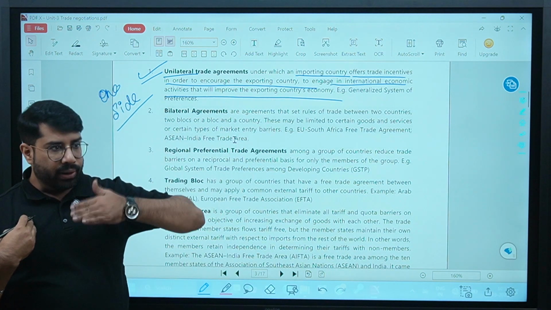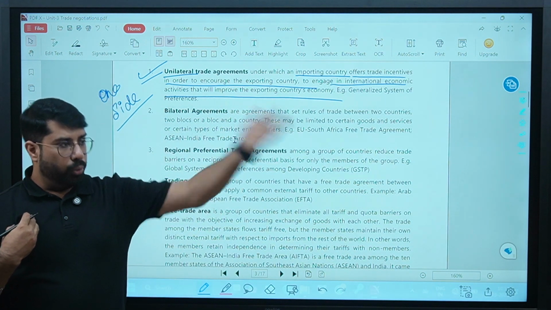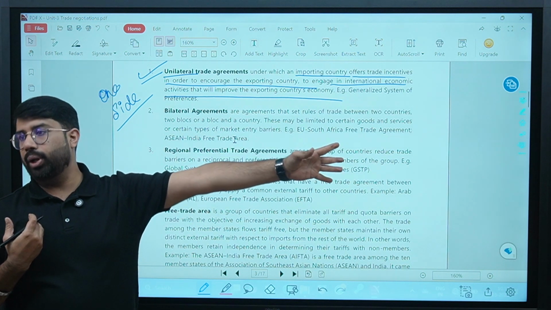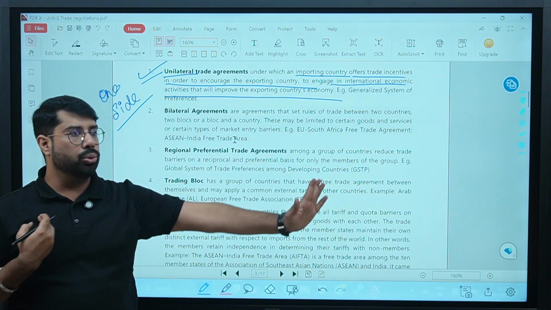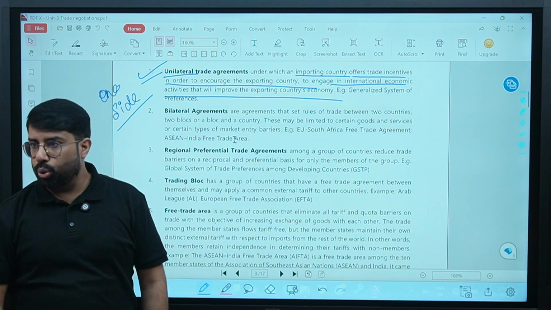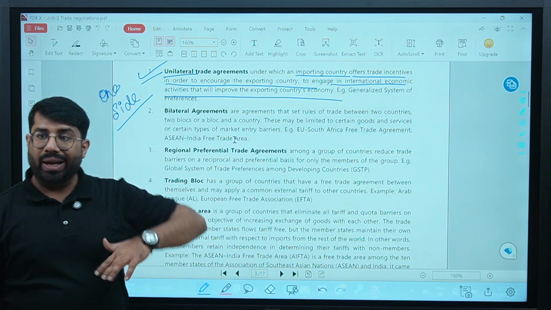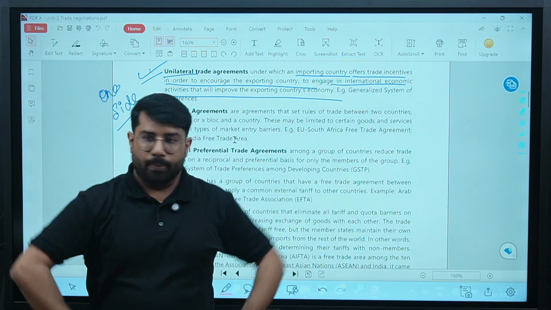Importing country, if I am buying the goods, I am giving incentives, benefits to the exporting country, so that the exporting country can export more, so that its economy can develop.